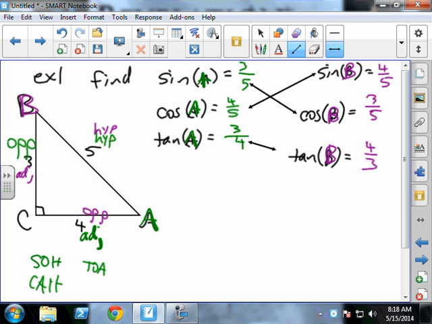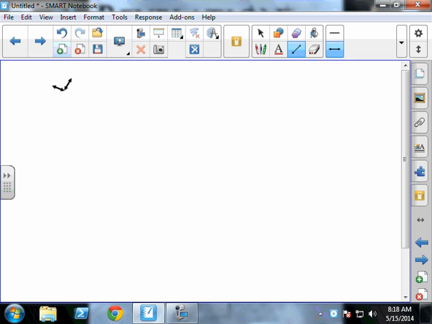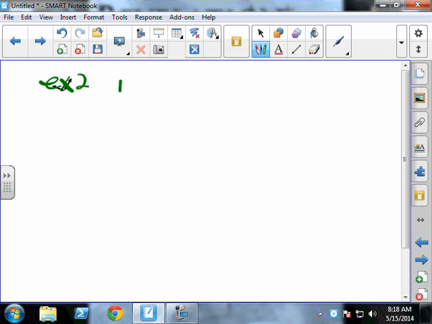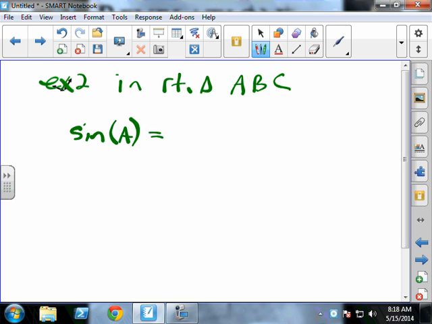So check this out. Example 2. In right triangle ABC, the sine of A is 5/12.